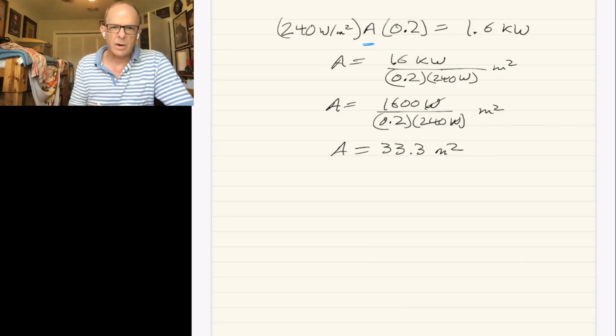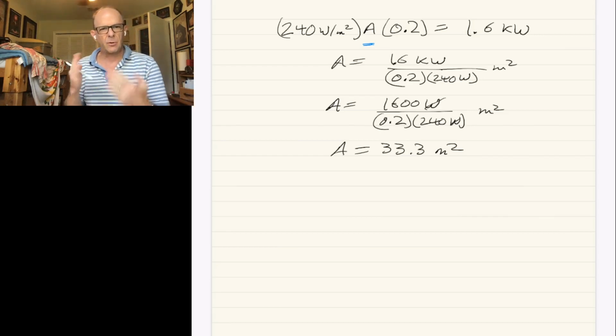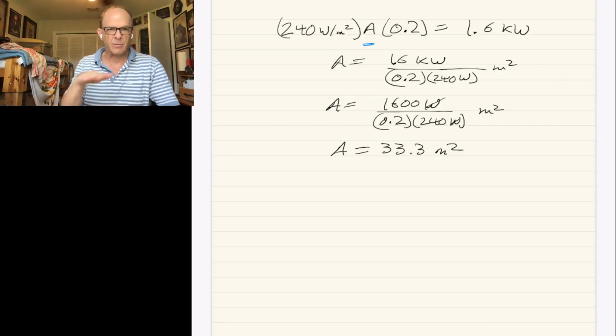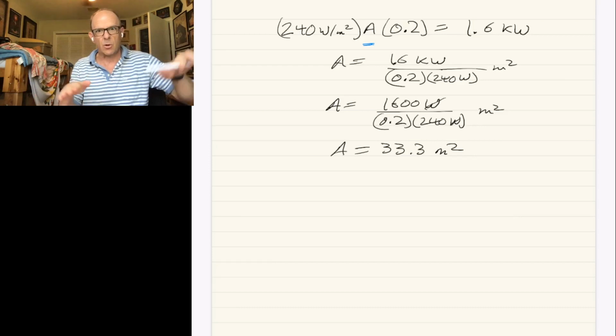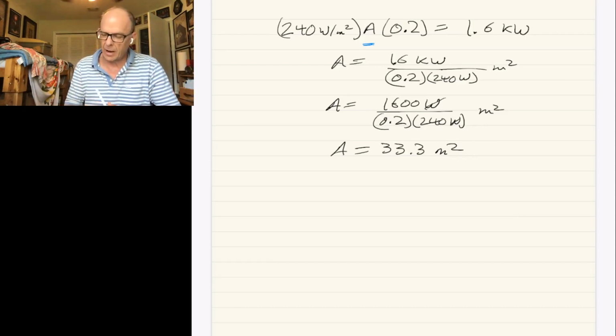The reason that it's not quite meeting it is because the 240 is a little bit high for where we are here in Central Florida because of cloudiness in the summertime, and also because the solar panels on my house are mounted straight on the roof, and that means that they're not pointed optimally for the sun. I would get more energy from them if they were on a flat surface, or even better if they were pointed towards the south. But ballpark, that's pretty close to what I've got.